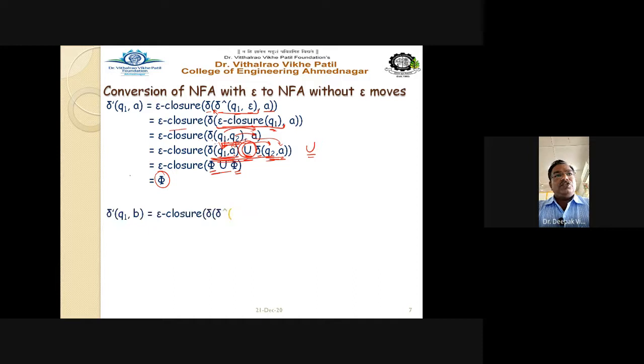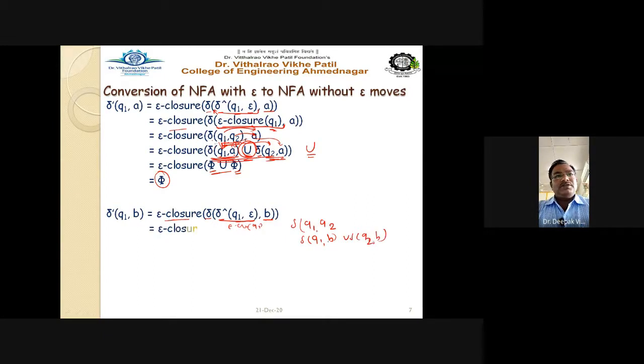In the same way, Q1 on B. We can write here epsilon closure delta cap Q1 comma epsilon comma B. What is the meaning of this? Delta cap Q1 epsilon is nothing but your epsilon closure of Q1, and the value of epsilon closure of Q1 is Q1 comma Q2. So again we get delta Q1 comma B union delta Q2 comma B, and we have to find the transition.